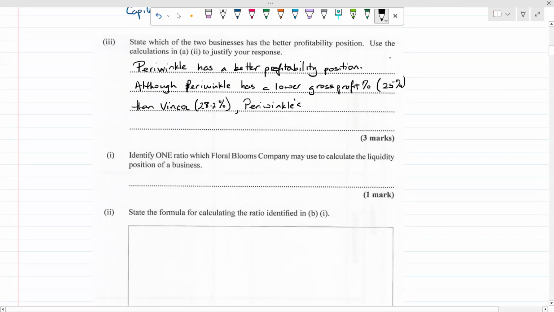Periwinkle's return on investment was higher.